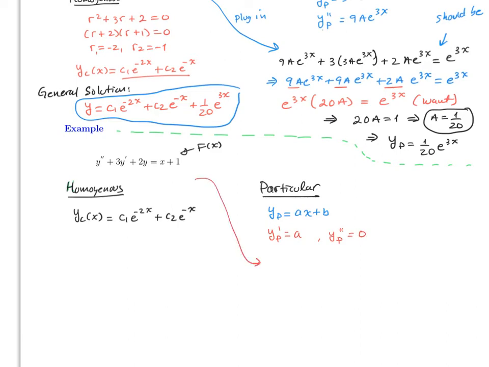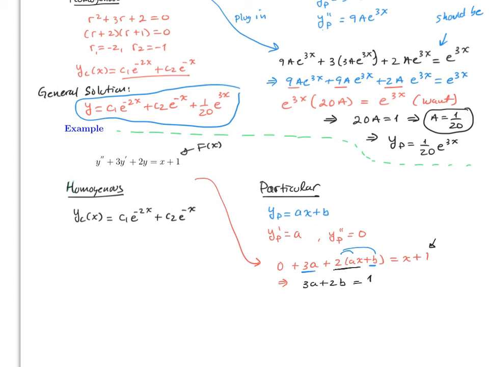So again, if we plug it in here, we're going to have 0 plus 3a plus 2 times ax plus b should be equal to x plus 1. Which, if you distribute, you will have 2ax plus 3a plus 2b. This is the coefficients, so they should match this one. So they should be 1.